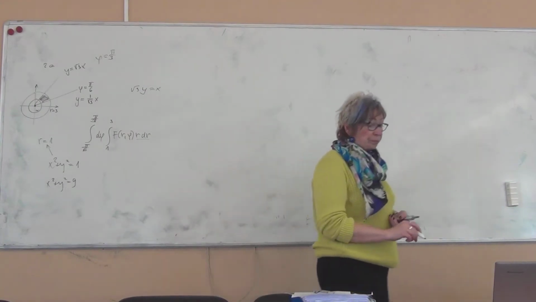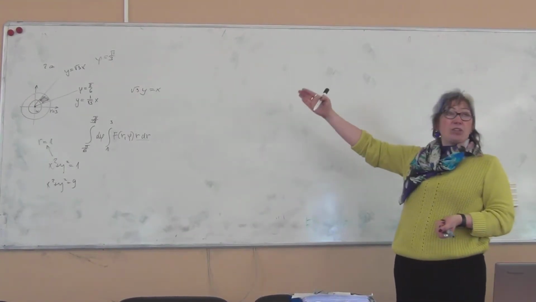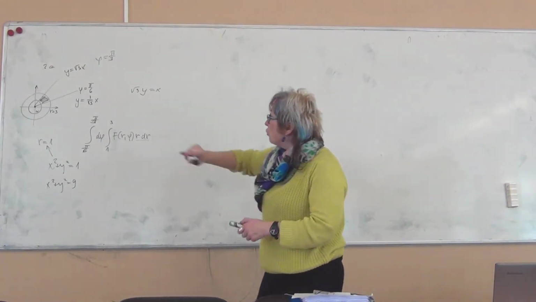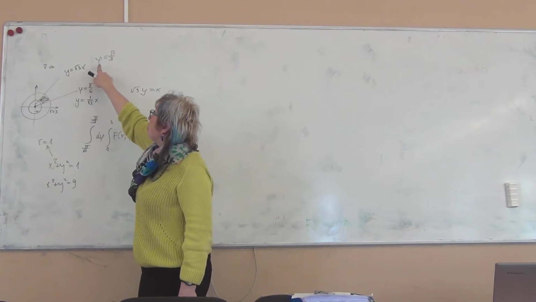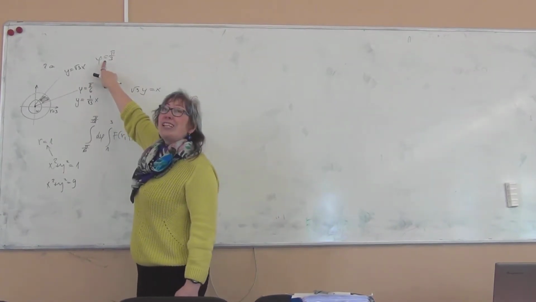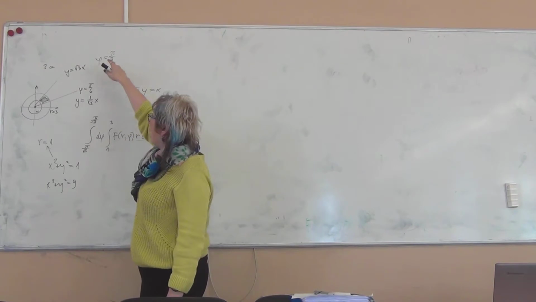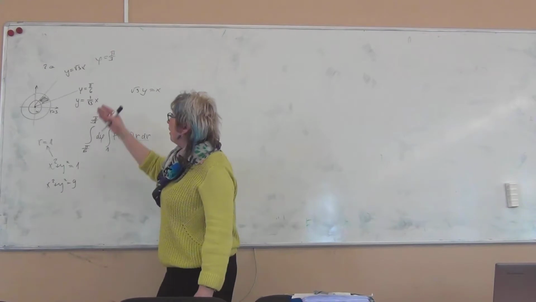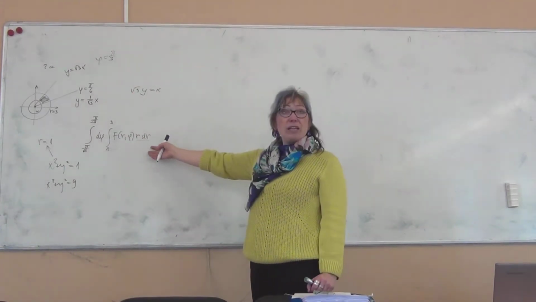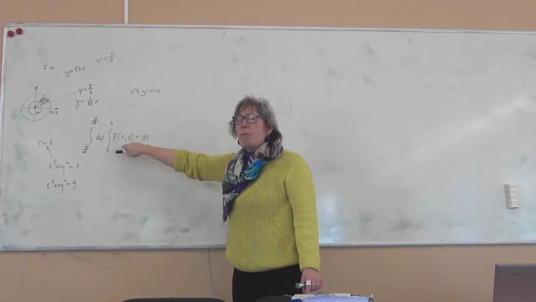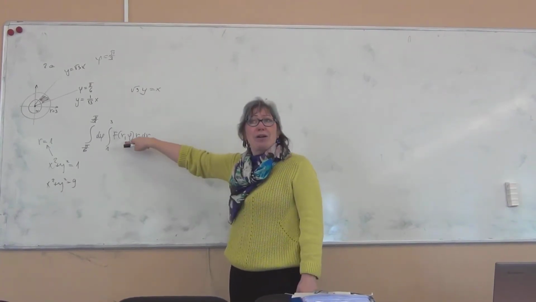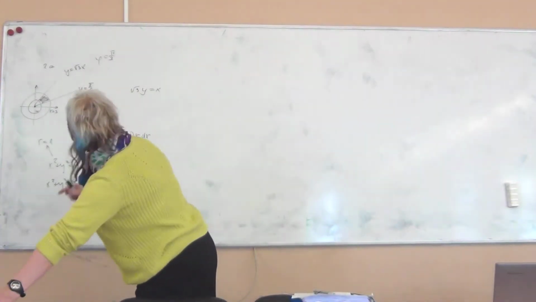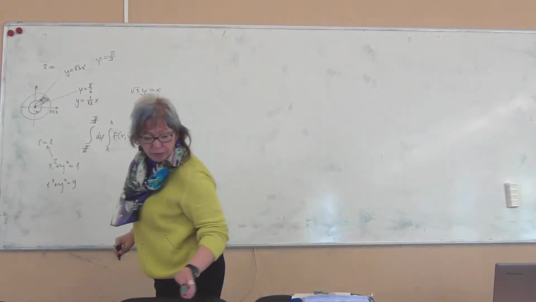But it's a pretty basic integral and useful to know, at least useful to understand how the equations of a line are transformed into the polar form, understanding how the equation of a circle is transformed into the polar form, and seeing that the integral really becomes simpler. Well, it depends on the function. It might not become simpler if this function is really ugly. But at least the boundaries of integration do become simpler.